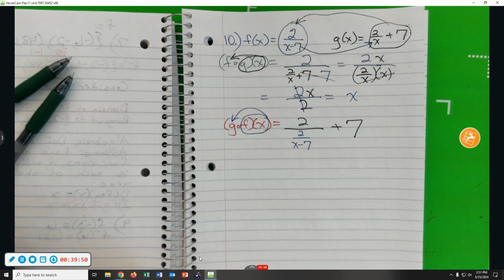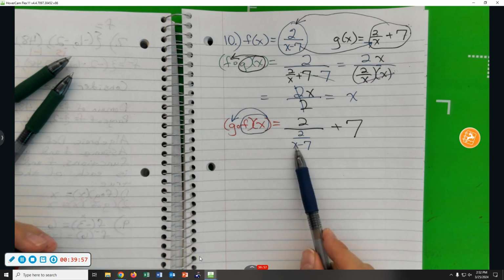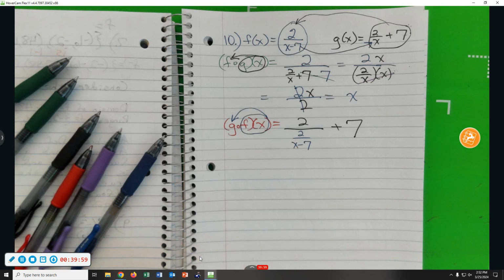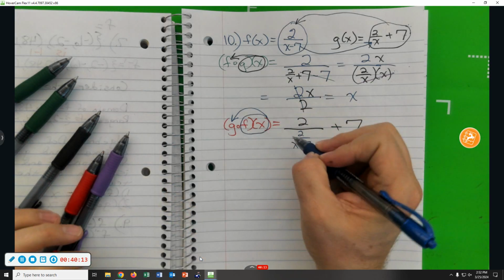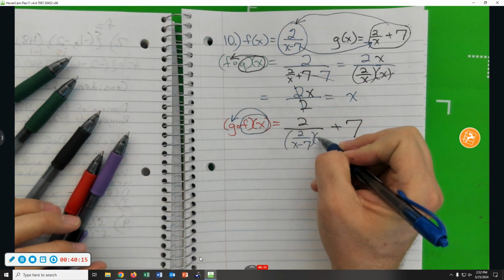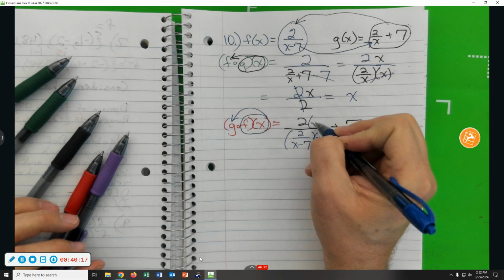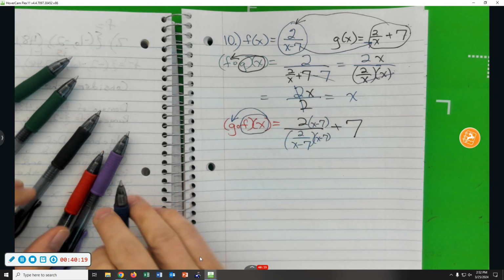If these are inverses, and I think they probably are, everything should cancel out except for that X right there. What's the minor denominator in this case? X minus 7, that's what we multiply by. Let's multiply above and below by X minus 7. So we have an X minus 7 and an X minus 7.